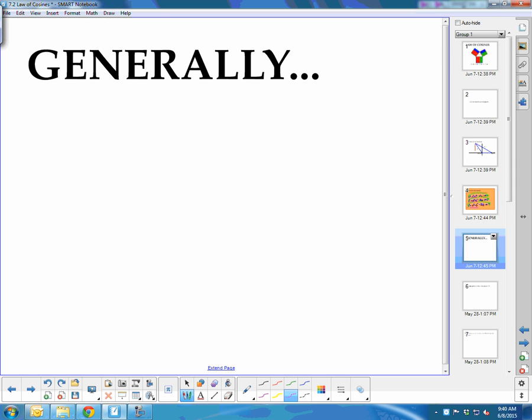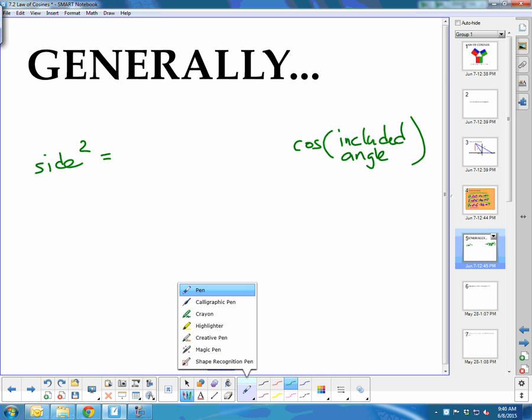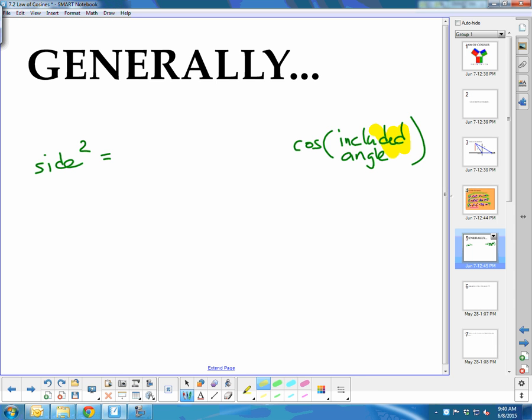So you can generalize a little bit that you would have some side length squared, and then over here you would have the cosine of the included angle. That included angle is the angle directly across from that side squared, and so on and so forth.